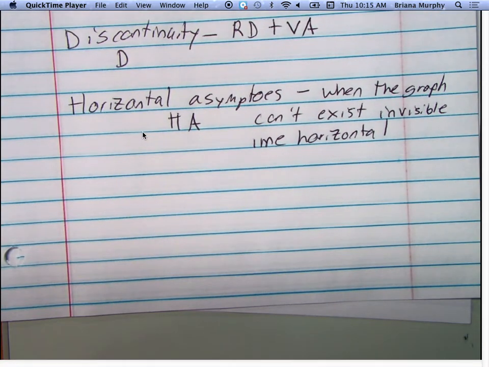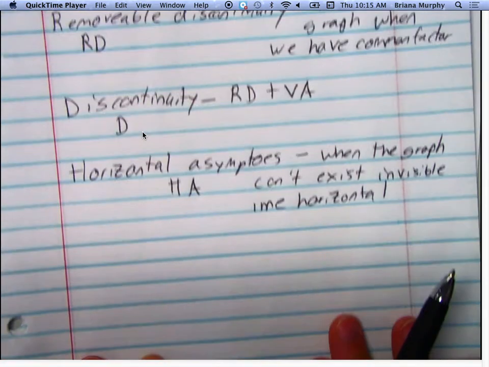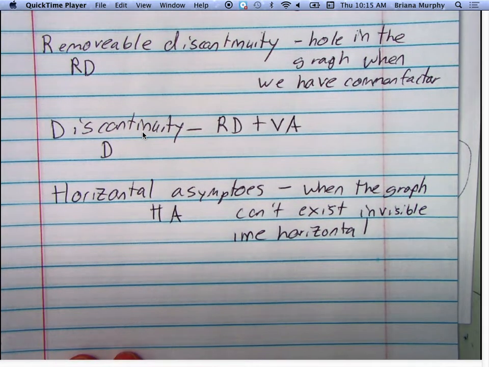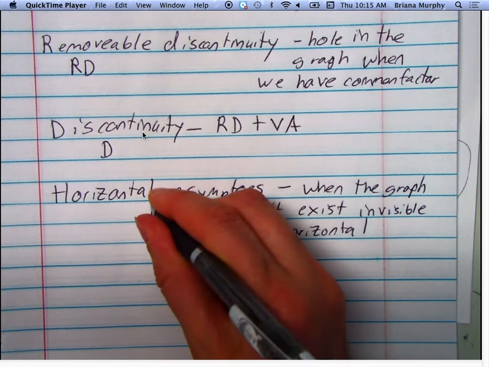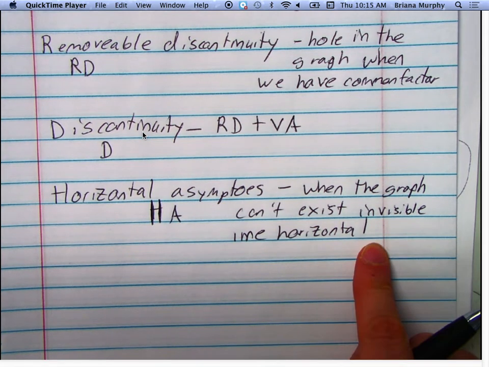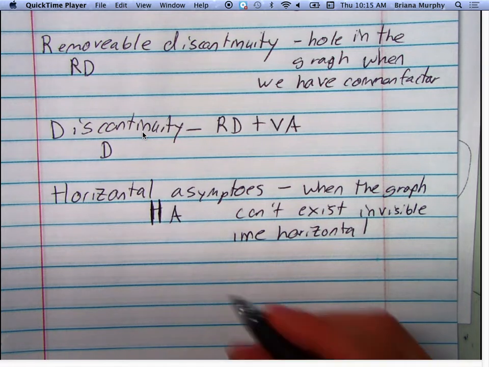So this is something you want to make sure to write down because you're going to have to use it to answer your stuff. Yes? Horizontal asymptotes, HA. When the graph can exist, invisible line that's horizontal. Okay. 3 cases.